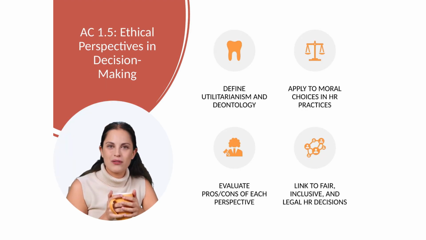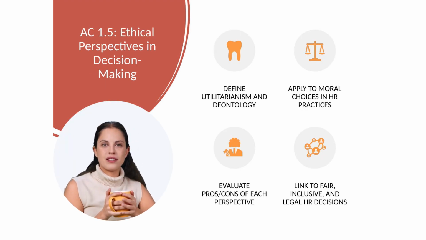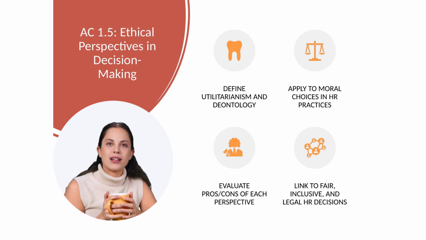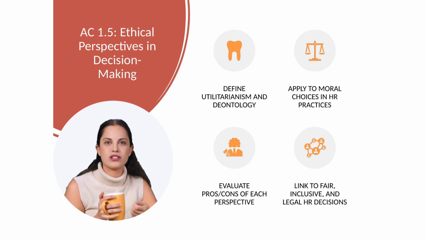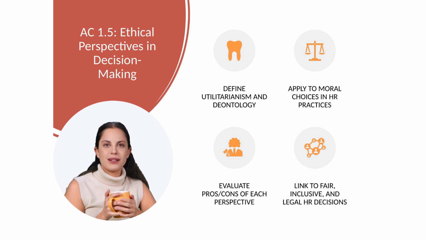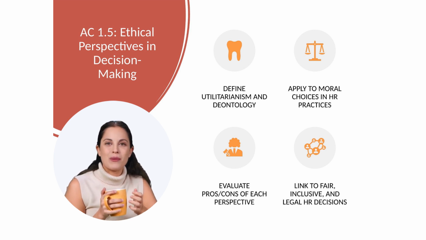AC 1.5 covers how ethical perspectives shape decisions. Utilitarianism aims to maximize overall happiness, useful in policy affecting many people, e.g., pay structures. Deontology focuses on duties and principles, important when decisions must uphold individual rights, e.g., equality laws. HR professionals must navigate both.